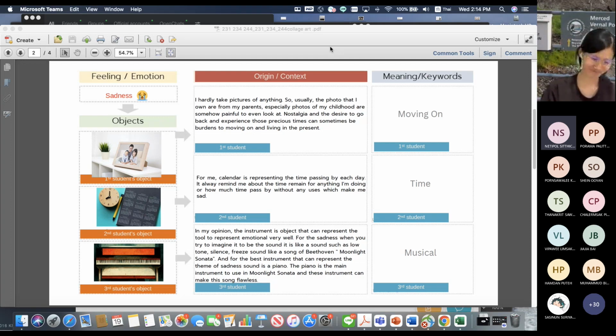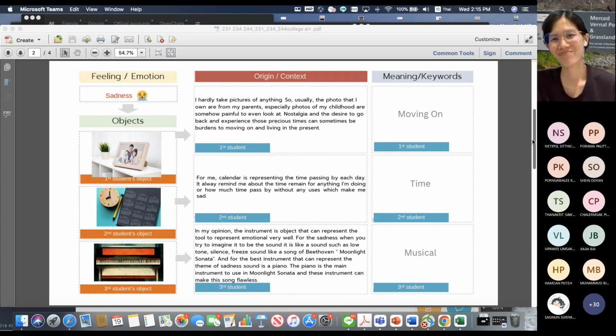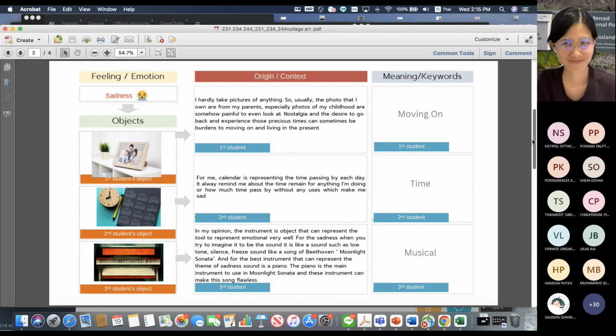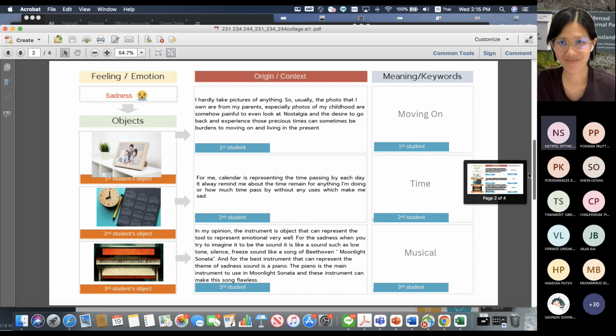And the instrument that can best represent the theme of sadness is the piano. The piano is the main instrument used in the Moonlight Sonata. And the keyword I select is musical. Music is an icon that represents emotion very well, such as at a birthday party or wedding, where there will be music to make the theme look joyful or happy.